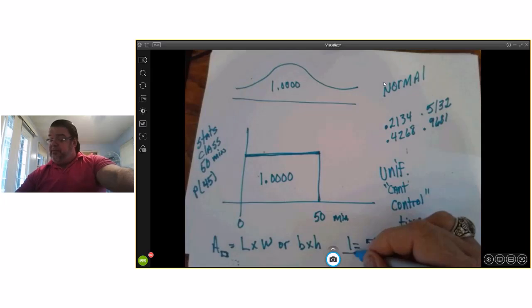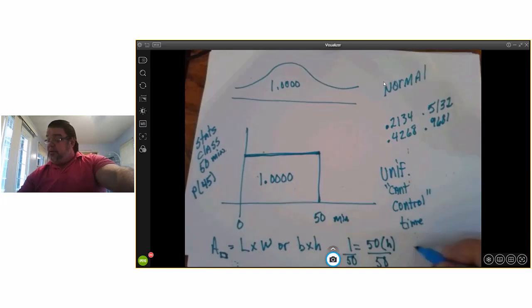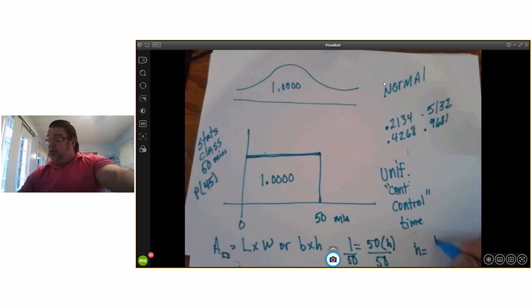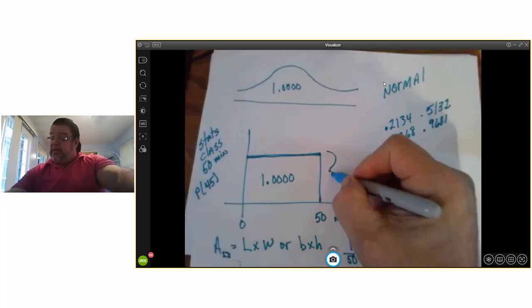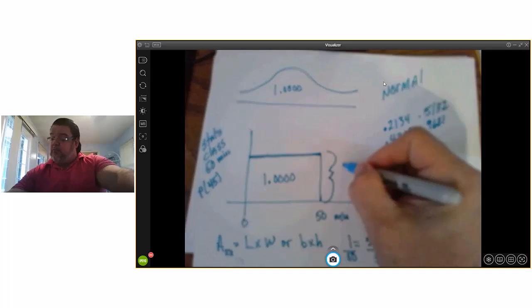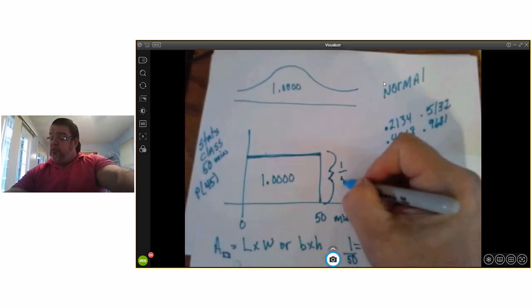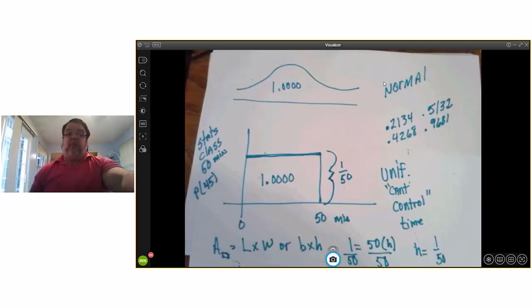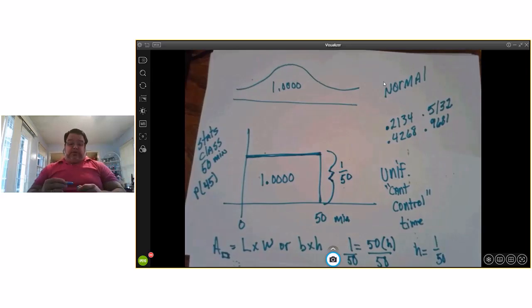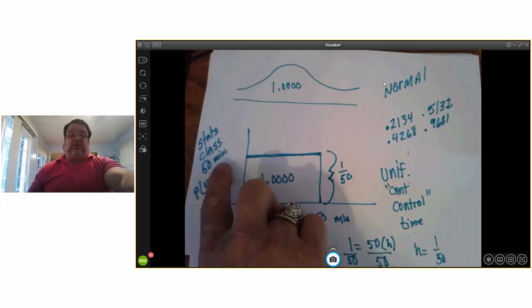Divide by 50. So the height is equal to 1 over 50. So this height is equal to 1 over 50. Okay, so I just found out what the height and the base of this rectangle is based on what I was given in the question.